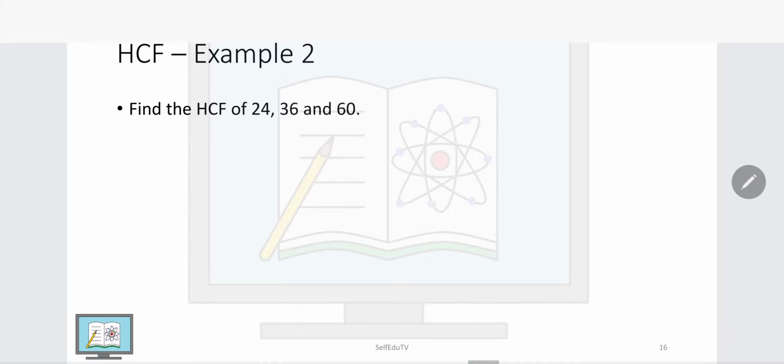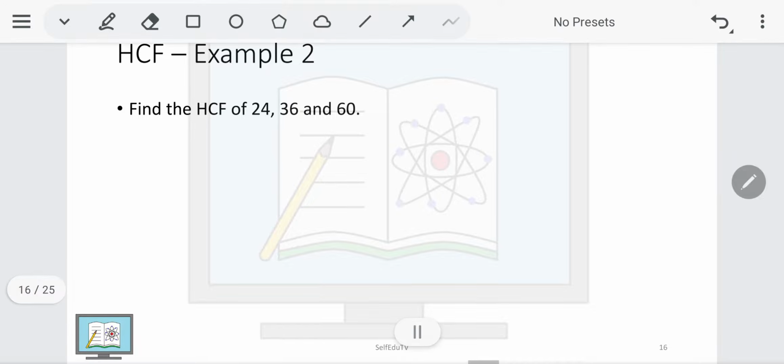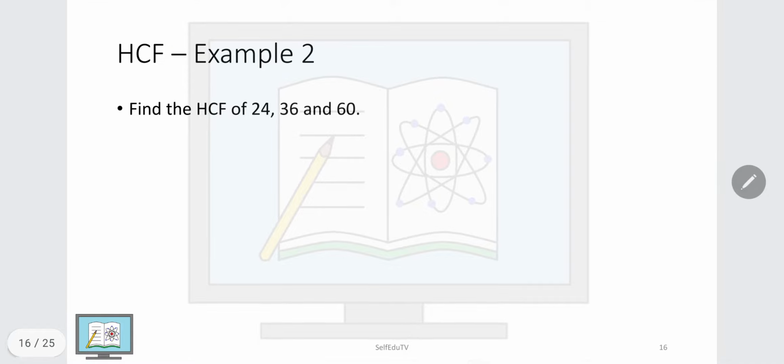How about 3 numbers? Find the HCF of 24, 36, and 60. The same way: you pick any whole number that divides exactly into these 3 numbers, 24, 36, and 60.